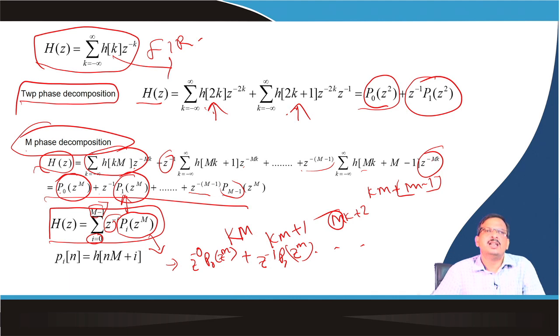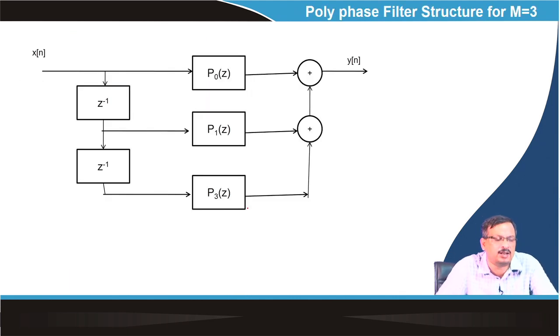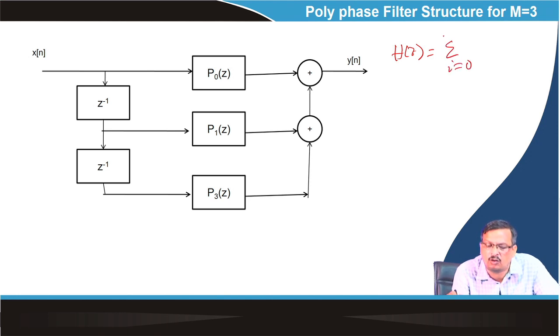Now if I want to implement the filter, what is the signal flow diagram of the filter? Let's say I have a three-phase decomposition, so H(z) is equal to the sum for i equal to 0 to 3 minus 1 of z to the power minus i P_i z to the power m, with m equal to 3.